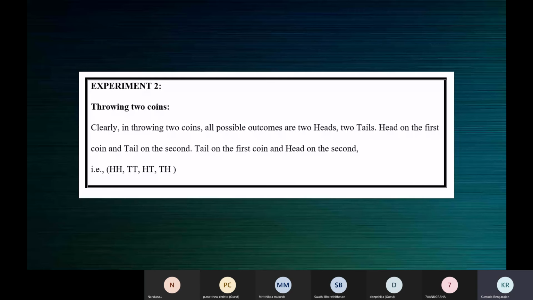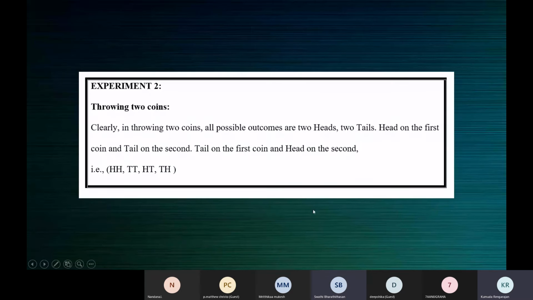This is throwing 2 coins. You can understand this. Read this. When you throw 2 coins, what are the possible outcomes? Both the coins can show head, or both can show tail, or the first one will show head and the second one will show tail, or the first one will show tail and the second one head.